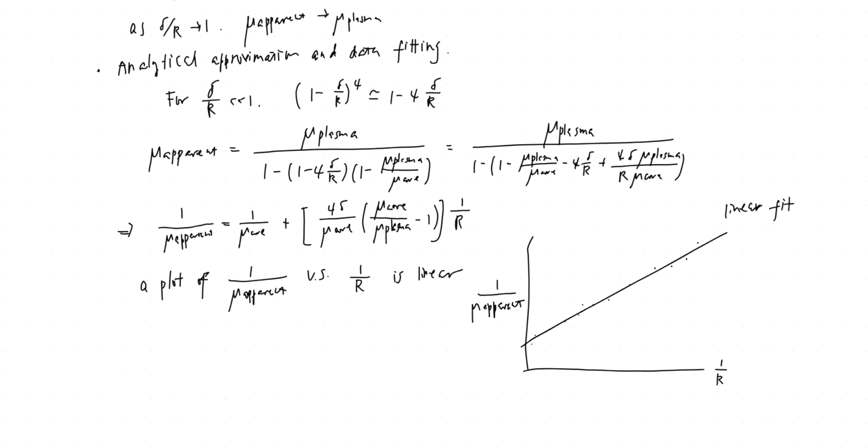The y-intercept is 1 over mu core. The slope is the coefficient in front of the 1 over R.